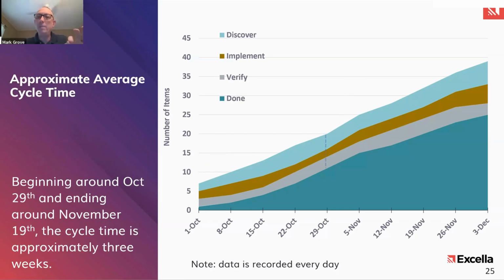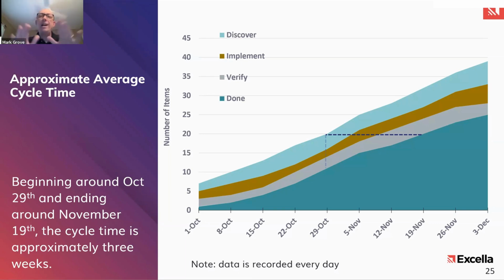All right, so I've dimmed that a little bit, and let's take a look at approximate average cycle time. Well, the cycle time is the horizontal distance from the point that you're starting, here October 29th, to when you go all the way to done.